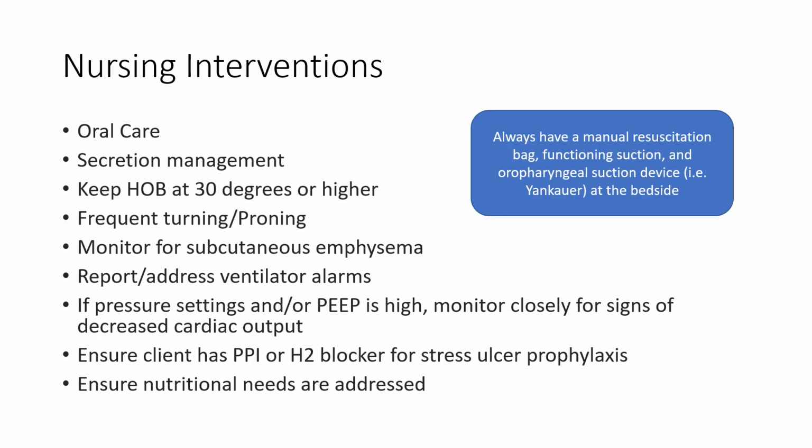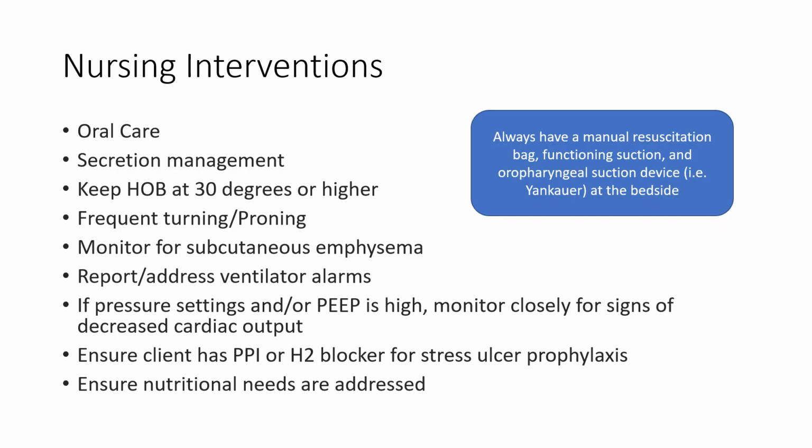And you want to ensure that all patients on ventilator support have either a PPI or an H2 blocker ordered for stress ulcer prophylaxis. And you want to ensure that their nutritional needs are being addressed. Likely these patients will have an NG tube or an OG tube, and we are going to feed them through the gut.